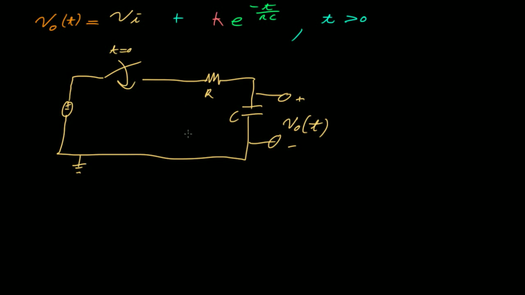Now, if you remember at the beginning of the video, I said that the circuit was in the configuration with the switch open. Let me erase the arrow right now. The circuit was in this configuration with the switch open for a really long time. Before we built this circuit, we completely discharged the capacitor.